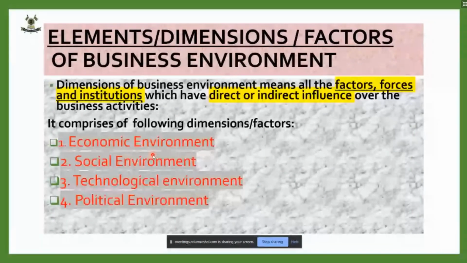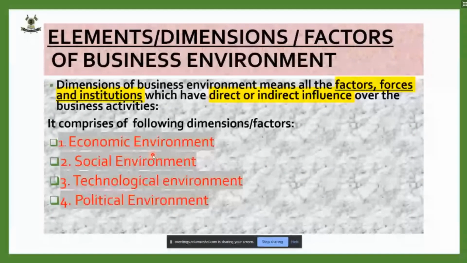You should remember these five elements of business environment. They are the forces, the factors, the institutions which have direct or indirect influence on the business organization or the activities the business is performing.